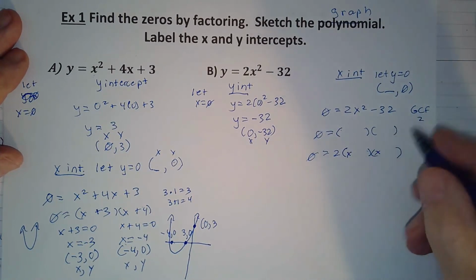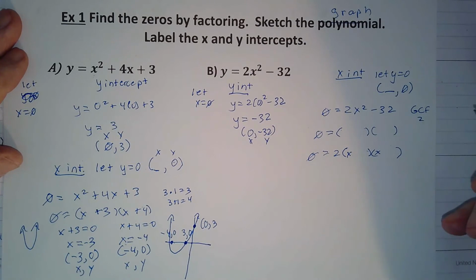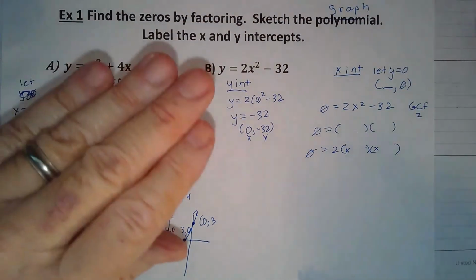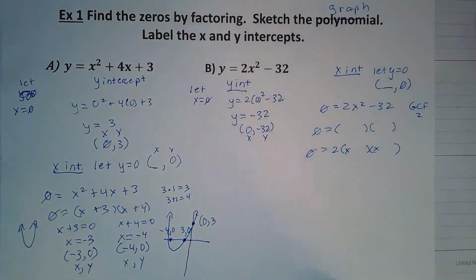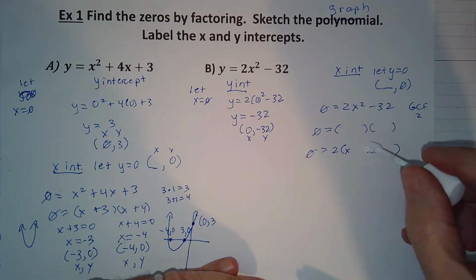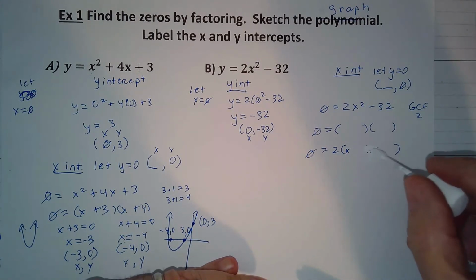Well, let's do a single trinomial still because, well, it's actually a binomial because there are 2 terms.